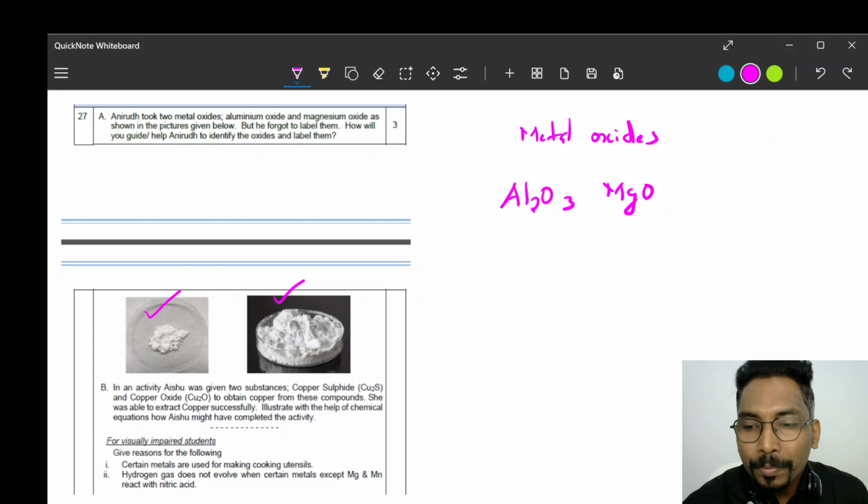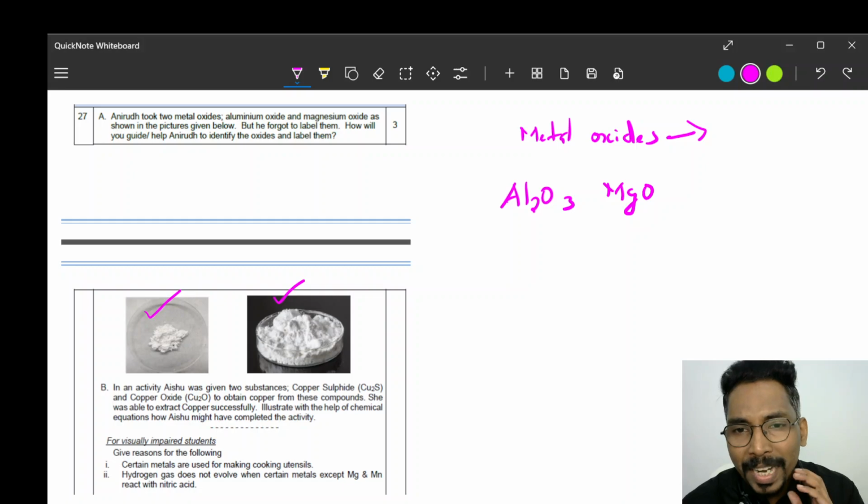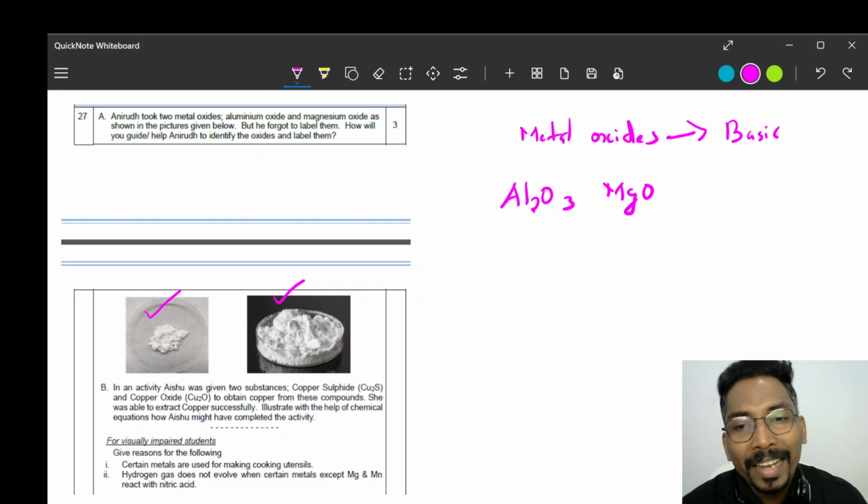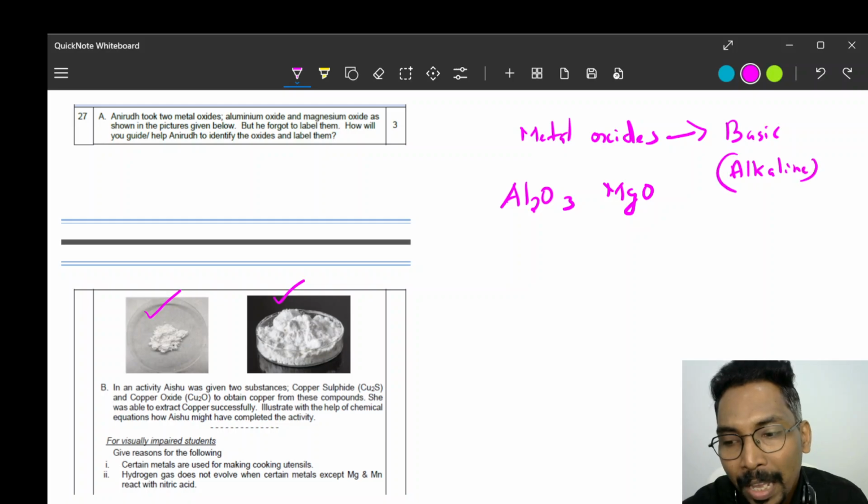So we know what is the nature of metal oxides. What is the nature of metal oxides and non-metal oxides? Metal oxides are basic in nature or alkaline in nature, and non-metal oxides are acidic in nature.